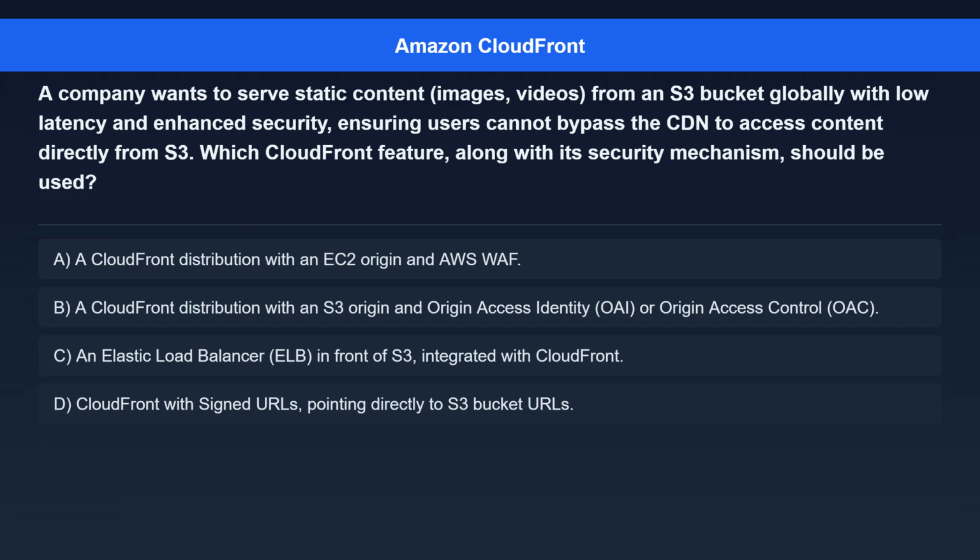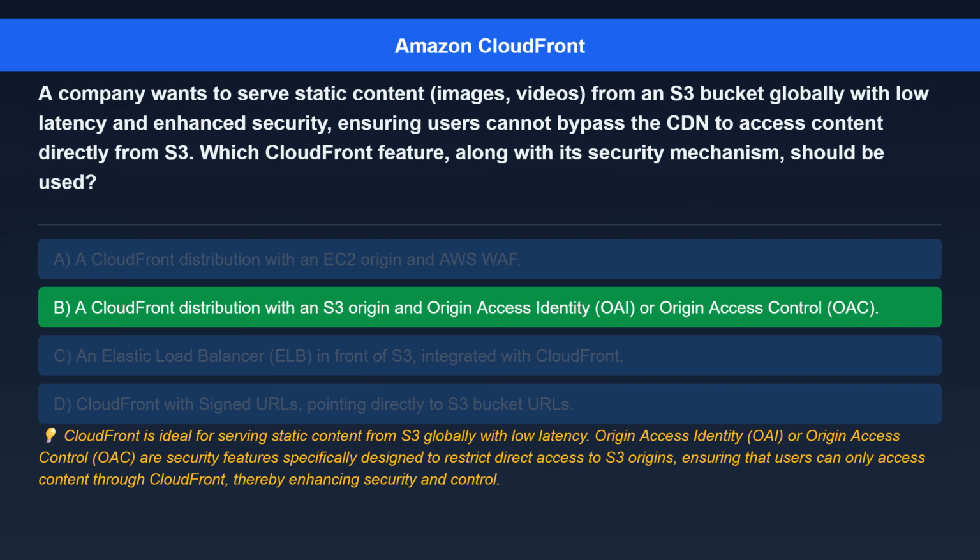Option B, a CloudFront distribution with an S3 origin and Origin Access Identity (OAI), or Origin Access Control (OAC). Option C, an Elastic Load Balancer (ELB) in front of S3, integrated with CloudFront. Option D, CloudFront with signed URLs, pointing directly to S3 bucket URLs.